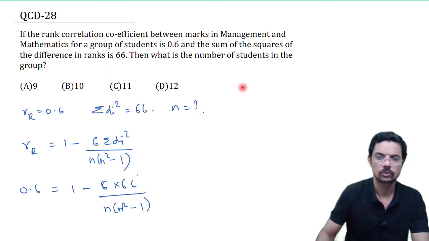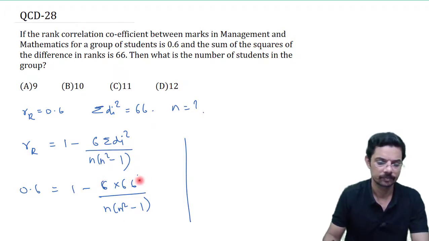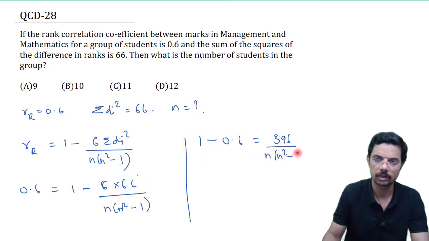Okay, so what we have here is, let us calculate this thing. 6 into 66 will give you 396, and here we have 1 minus 0.6. 0.6 will be equal to 6 into 66 is 396 divided by n into n square minus 1.